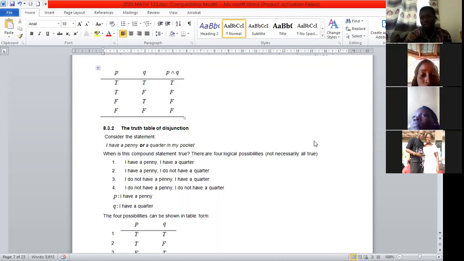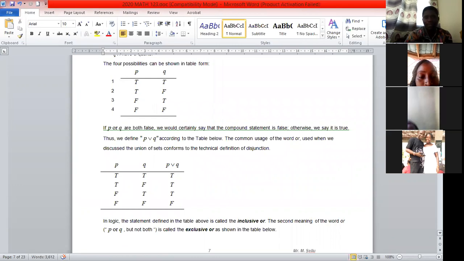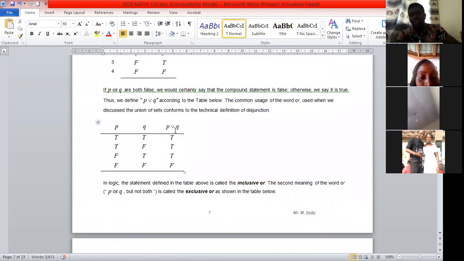For disjunction, this is disjunction. Disjunction is the or. Remember, conjunction is the and. Disjunction is the or. So if I have true or true, the condition is if I am paid, then I'll pay the person. Okay, I was paid, or I pay the person. That is one condition.